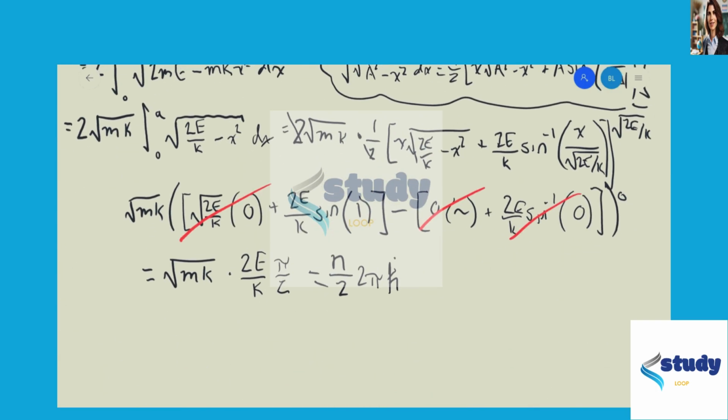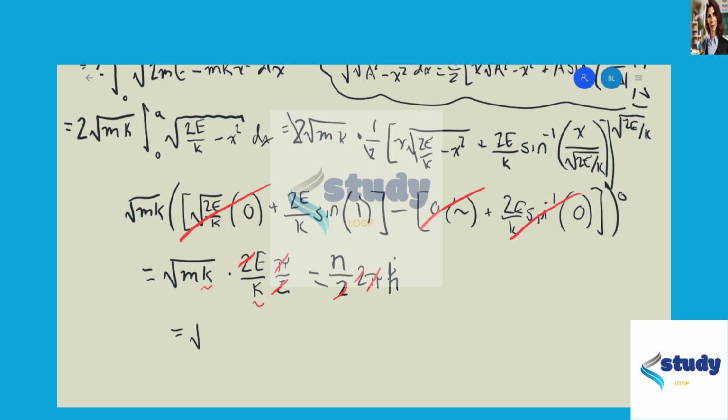Okay, so let's simplify this a little bit. We're going to be able to say that these 2's are going to go away. These 2's are going to go away. And we're going to have the pi's cancel on either side. And we can simplify square root of k divided by k.